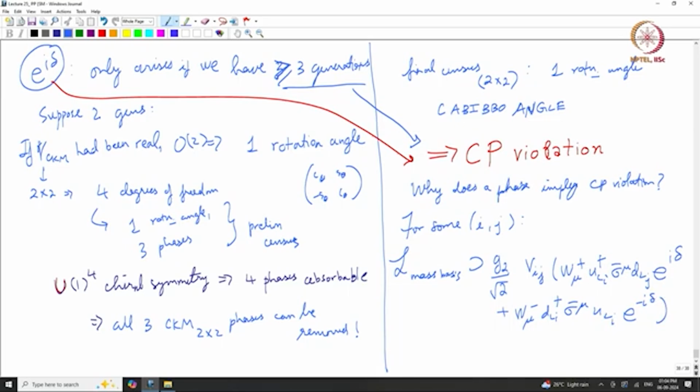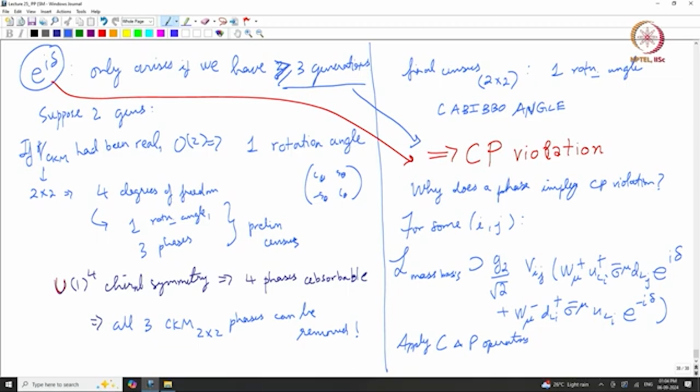Okay, good. So, the hint I am going to give you is you have to apply the C and the P operators on this, then see whether you get back the same Lagrangian. If you do not, then CP is violated. Agreed?